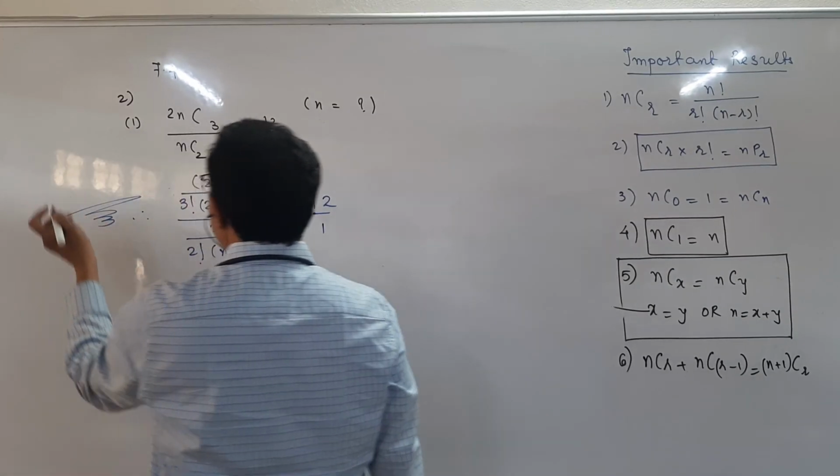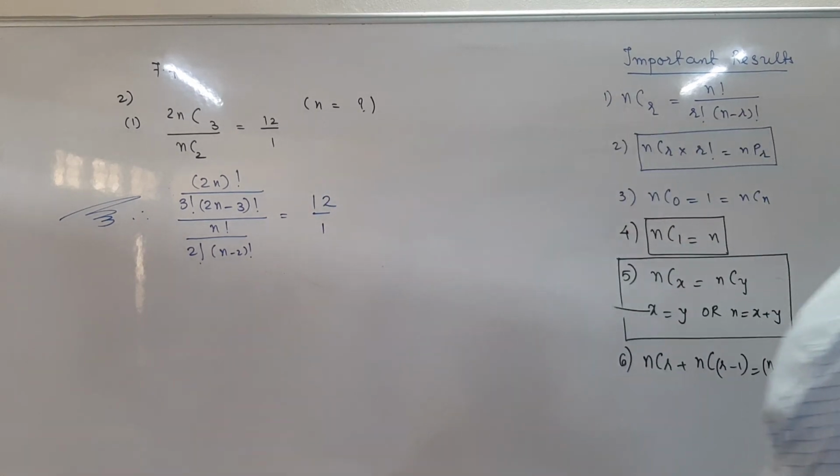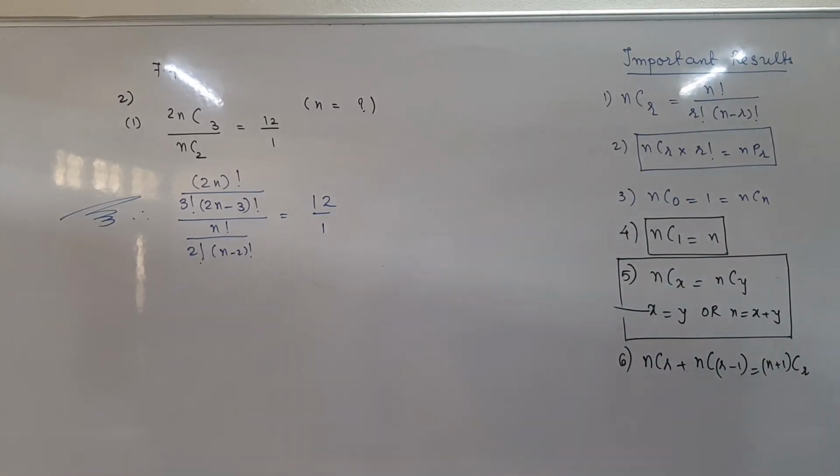It is directly based on the formula of nCr, which is n factorial upon r factorial into n minus r factorial. But instead of n in the numerator, we have 2n. Now that doesn't make any difference, students. Concept and formula remains the same.